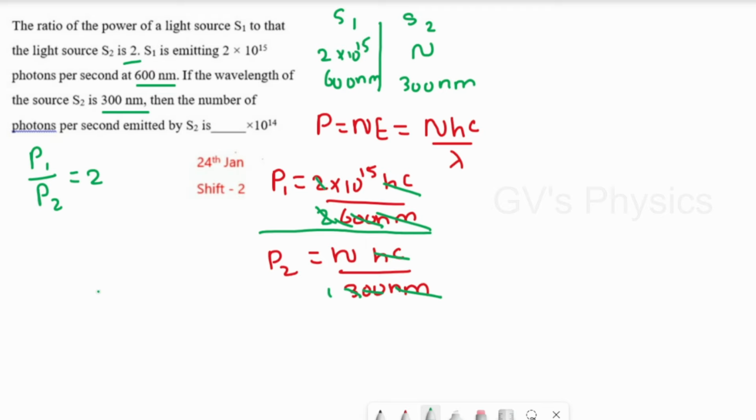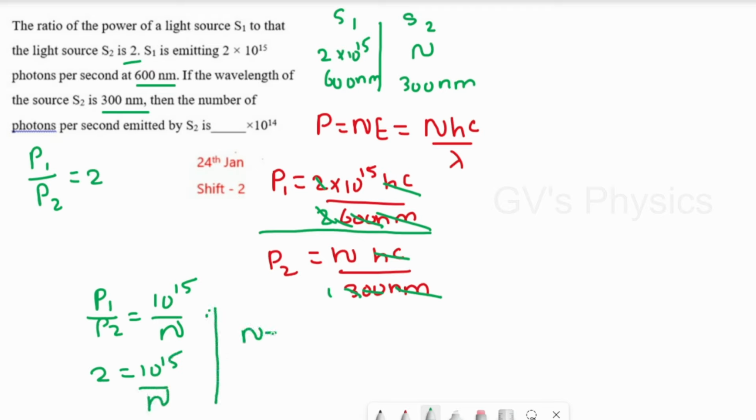So the balance is P1 by P2 is equal to 10 power 15 by N. The ratio P1 by P2 is 2, so 2 is equal to 10 power 15 by N. So N is equal to 1 by 2 into 10 power 15, that is 0.5 into 10 power 15. They have asked in the form of 10 power 14, so we can write it as 5 into 10 power 14. So answer 5 is the correct value.